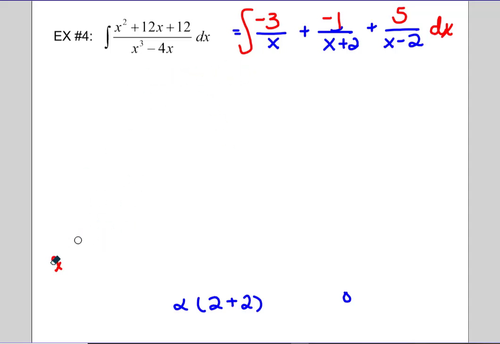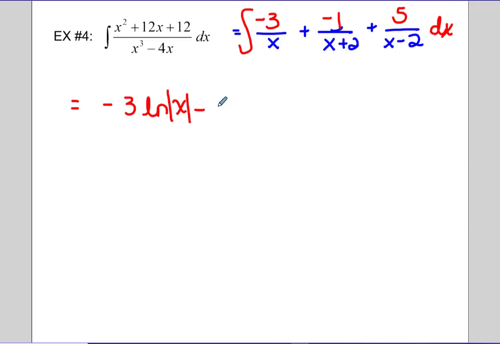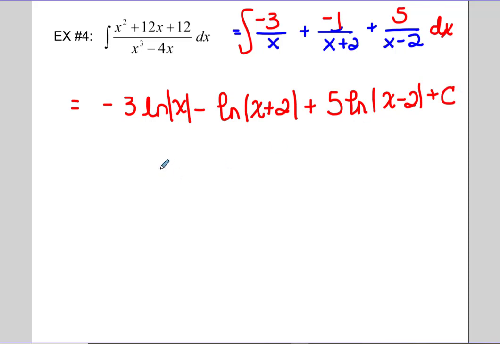Okay, so integrating after we found our partial fraction decomposition gives us our antiderivative of -3 natural log of x minus natural log of x plus 2 plus 5 times the natural log of x minus 2 plus c.